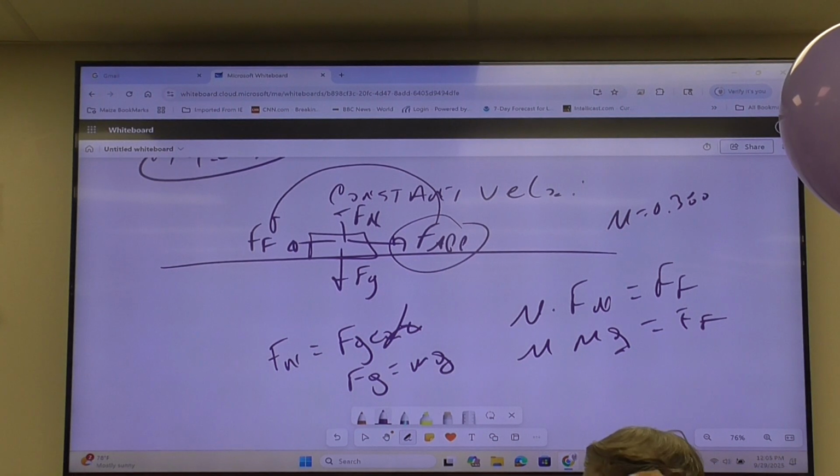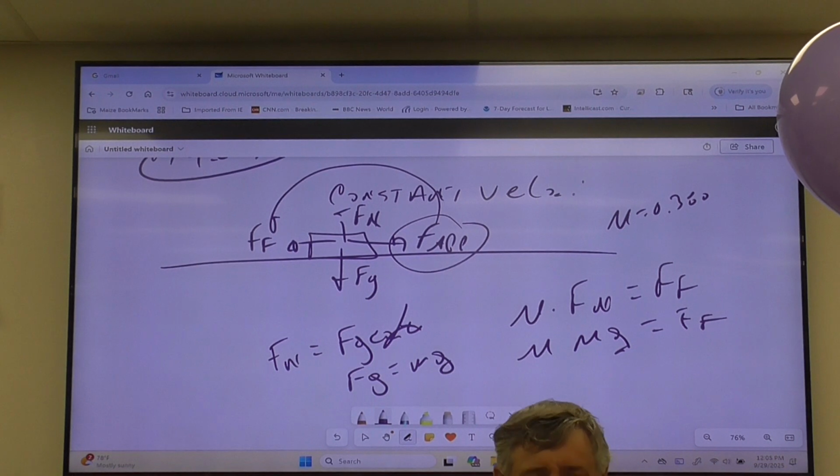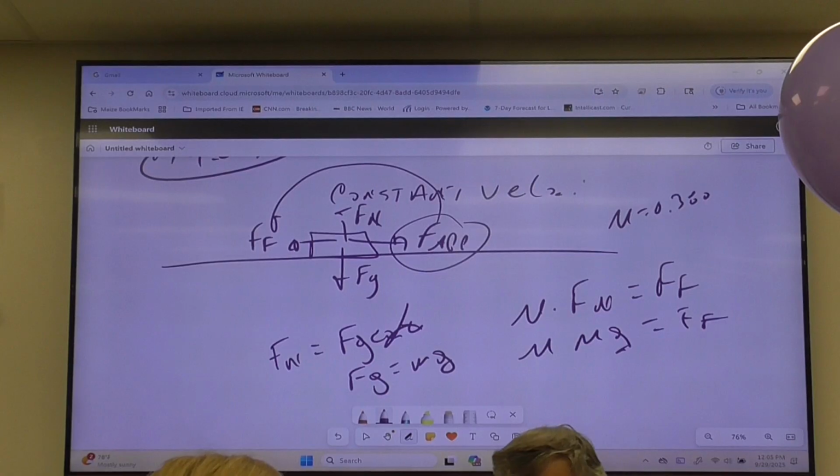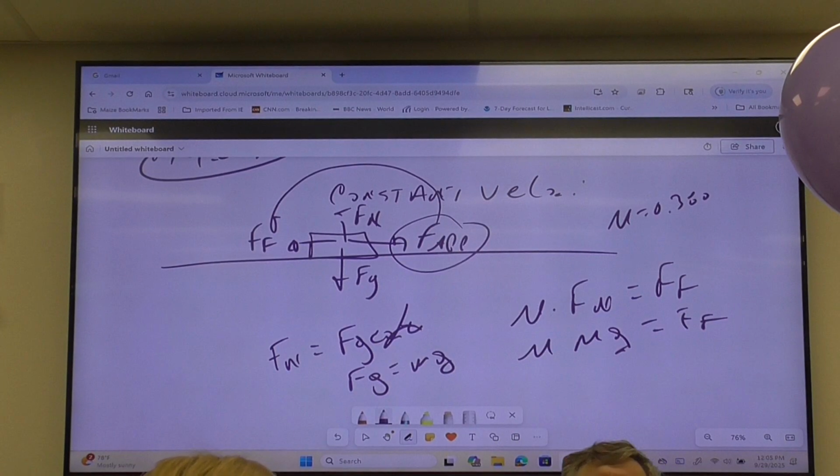Now, here's what's going to happen. You're pushing this thing along at a constant velocity, 5 meters per second. And then you stop pushing. As soon as you stop pushing, what's it going to do? Accelerate to rest. It's going to accelerate because now you don't have all the forces in equilibrium.